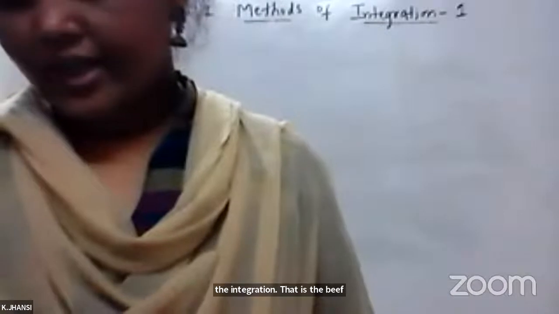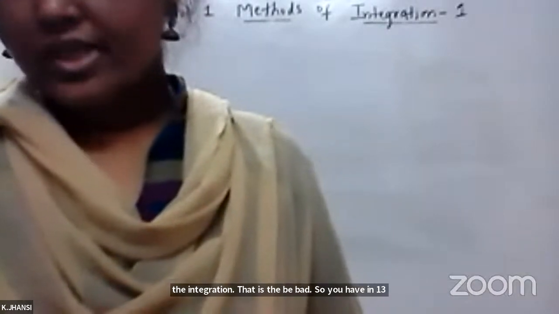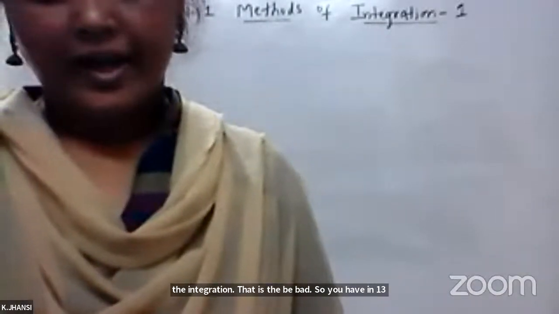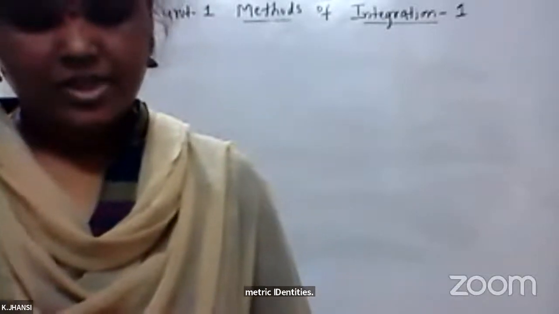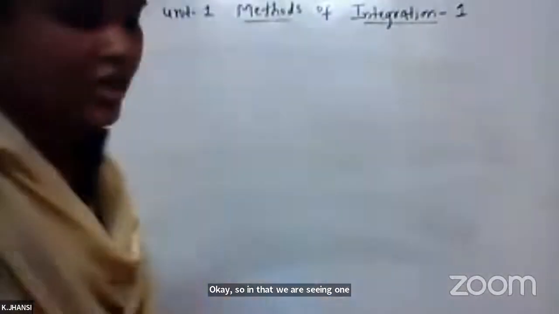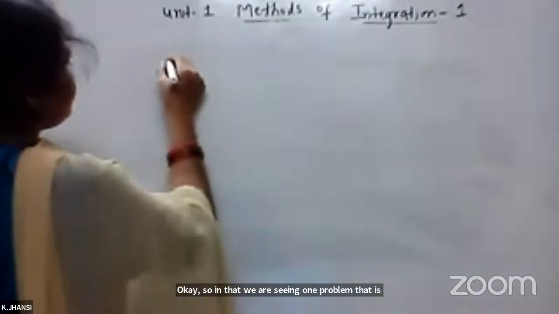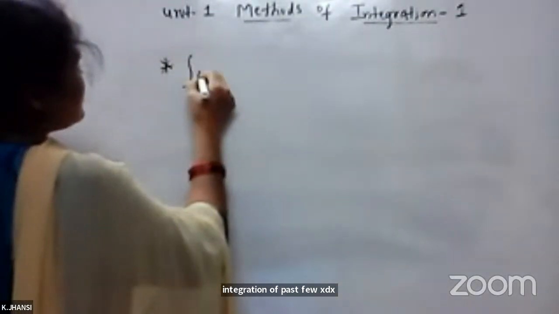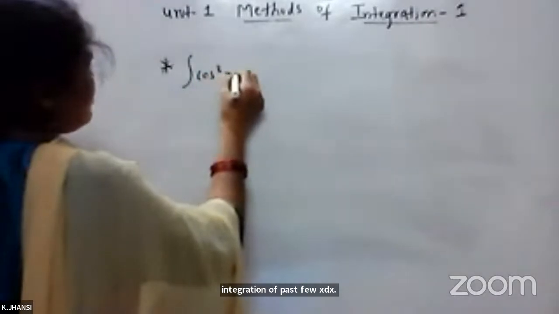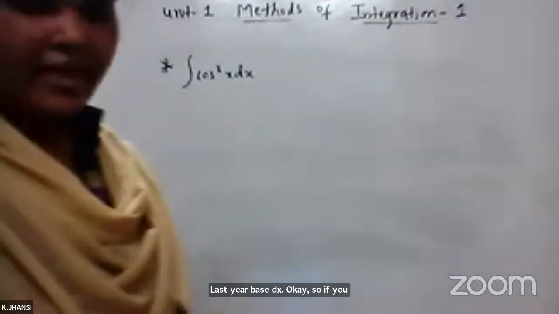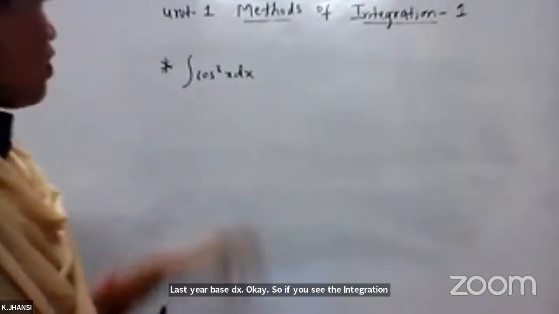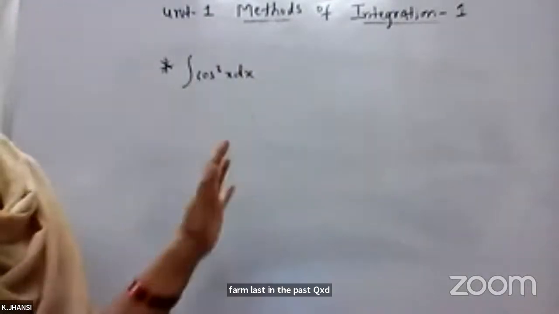So you have it on page number 13. That is the integration using trigonometric identities. Okay. In that, we are seeing one problem, the integration of cos cube x dx. Okay. If you see the integration formulas, the cos cube x dx formula is not there.